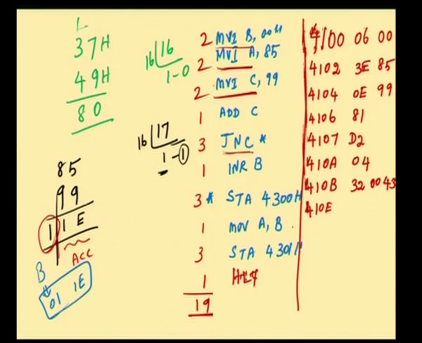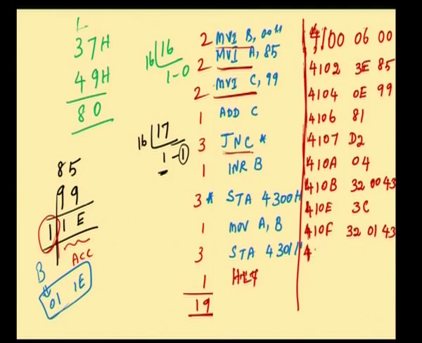Now I have to write MOV A, B, which is 78. This is a single byte, so 410F. At 410F, I have to write 32, then 01, 43, 3 addresses, 410F, 4110, 4111.